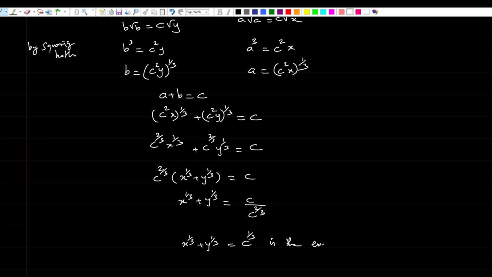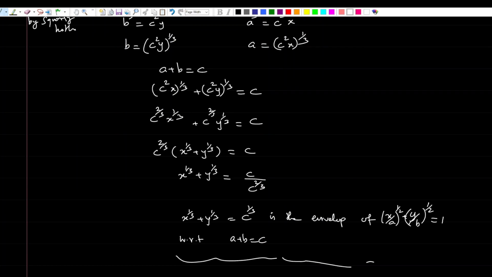So x power 1 by 3 plus y power 1 by 3 equal to c power 1 by 3 is the envelope of root x by root a plus root y by root b equal to 1 with respect to the condition a plus b equal to c.